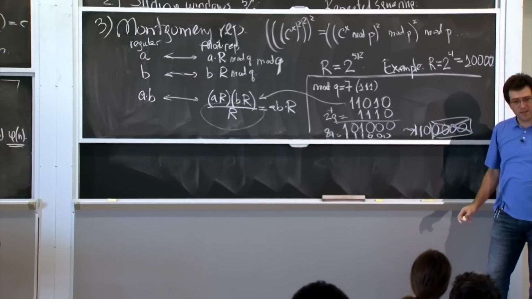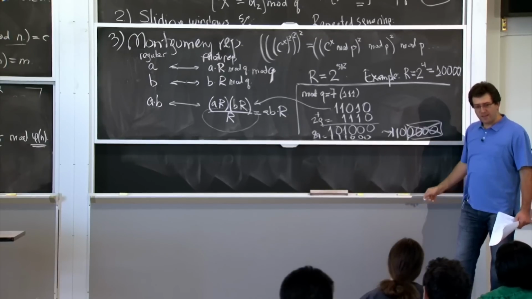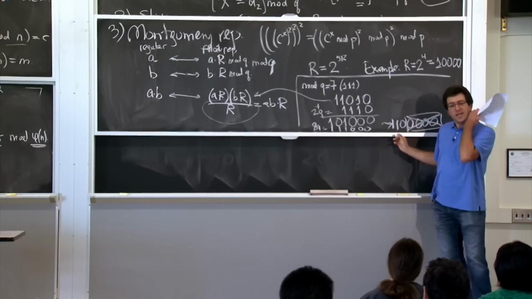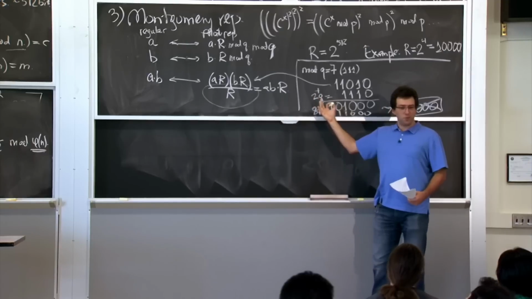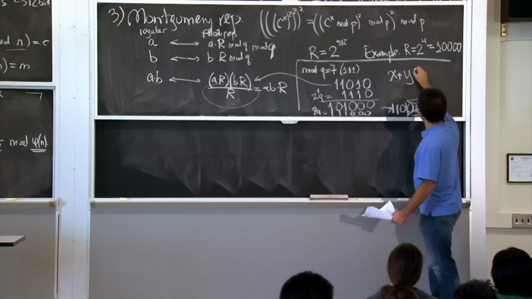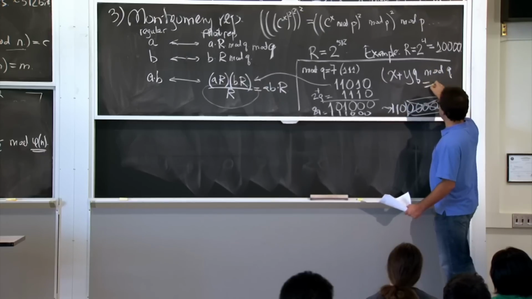Question? So when you're adding the multiples of q and then dividing by r, why are you still maintaining the same mod q? Because mod q means the remainder when you divide by q. So x plus y times q, mod q, is just x.